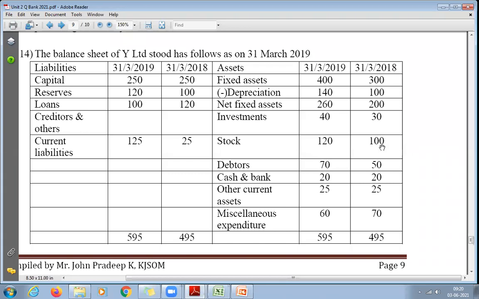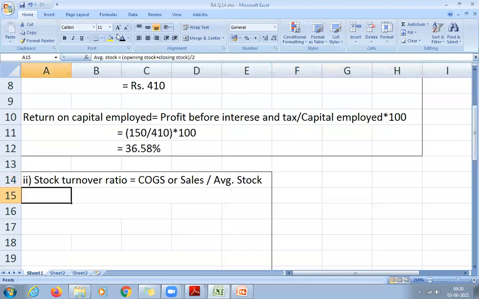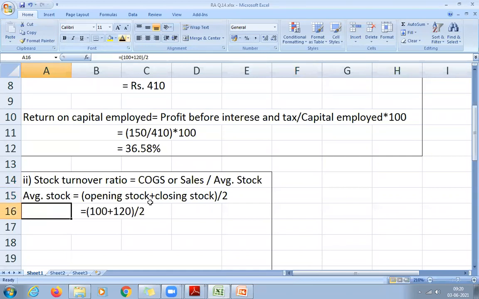So I know opening stock and closing stock. Add them and divide by 2. Average stock is equal to opening stock plus closing stock divided by 2. Substituting, that is 100 plus 120 divided by 2.